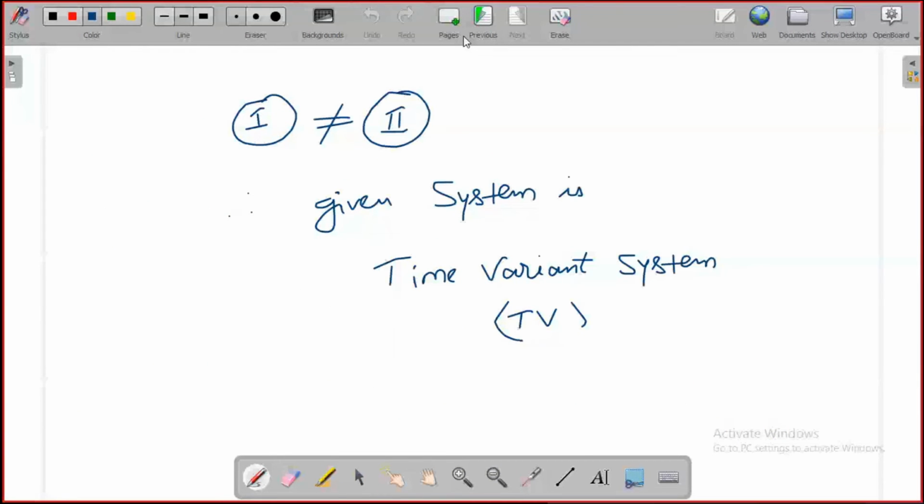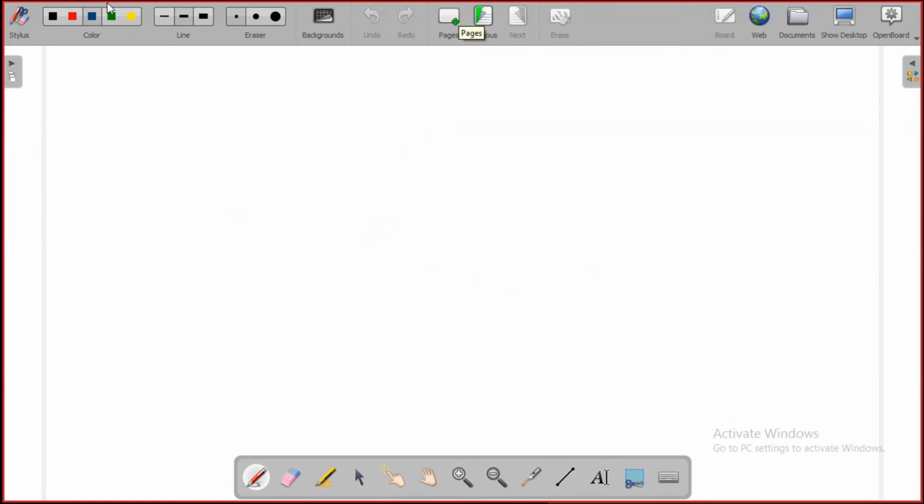Okay, take one more example to understand it clearly. The system is y of n equal to a power n into u of n.